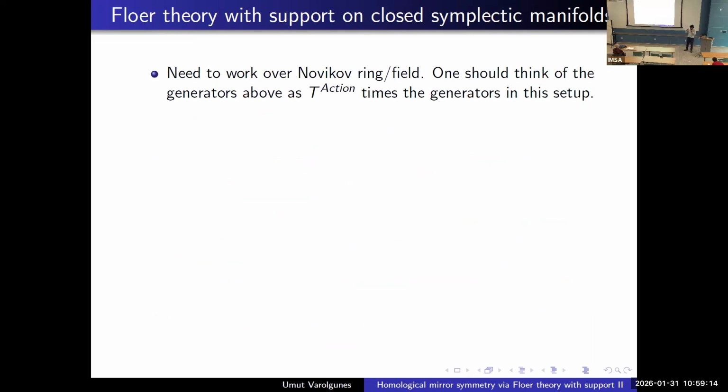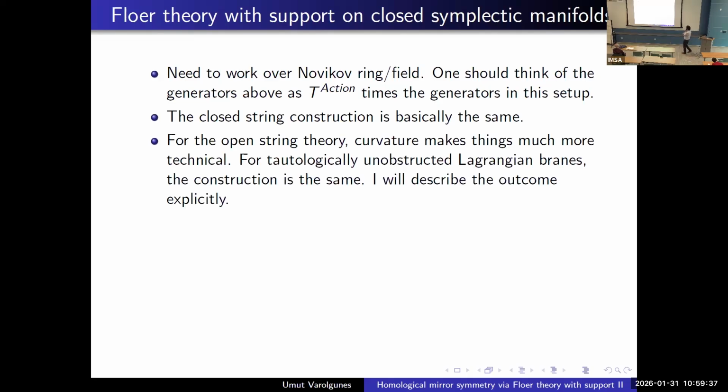Hamiltonian Floer complexes are generated by one-chords or one-periodic orbits. They are given valuation 0, but you work over the Novikov ring or the Novikov field, which itself has a valuation, and you complete with respect to that. So the closed string construction is basically the same.